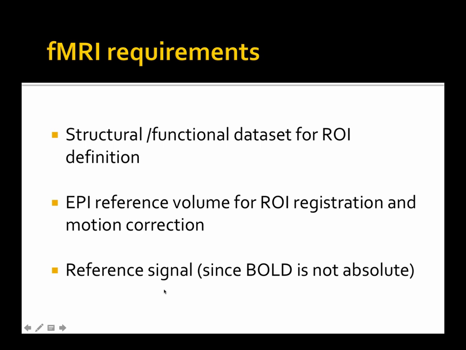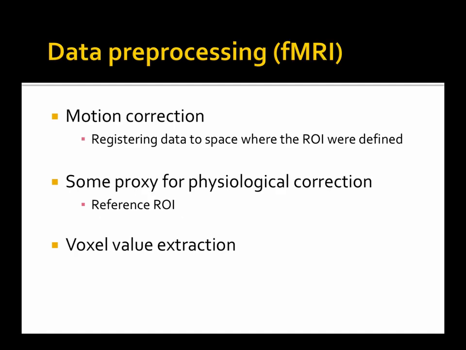And finally, as I mentioned, the BOLD is a relative measure, right? So we need to somehow reference that signal to something, and usually we use percentage signal change, or we can do some reference with different ROIs. As I mentioned, the motion correction we fix by registering the data to the space where the ROI was defined.